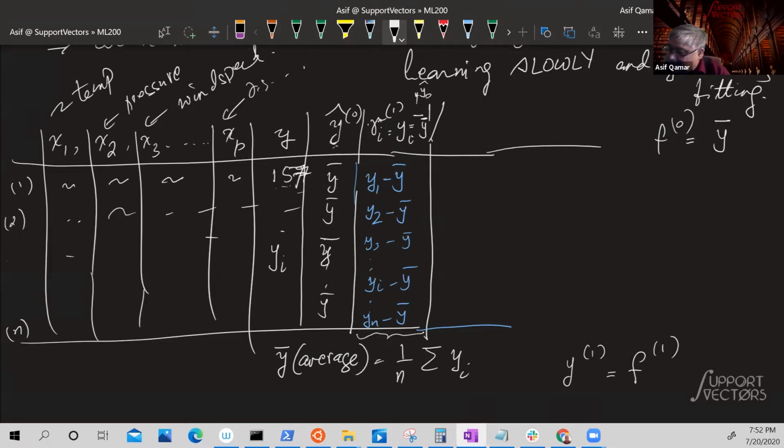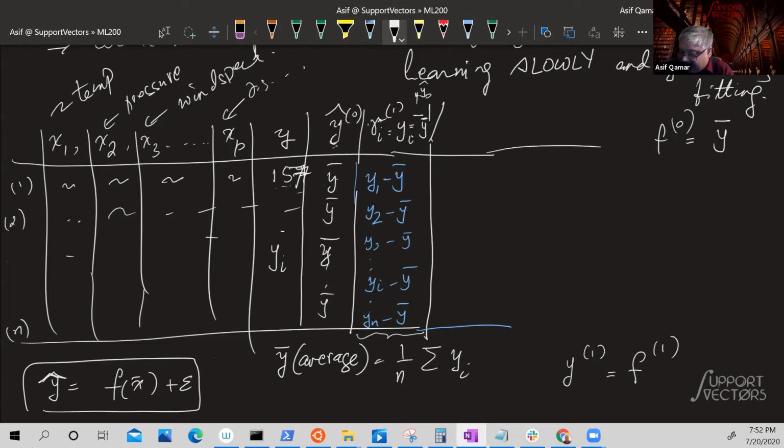Remember, we used to write the equation of regression: the prediction y hat is some function of the input space x plus some error term. Do we agree? This was the notation we have been carrying forward.